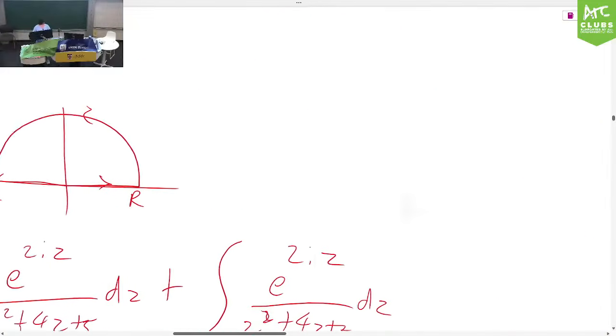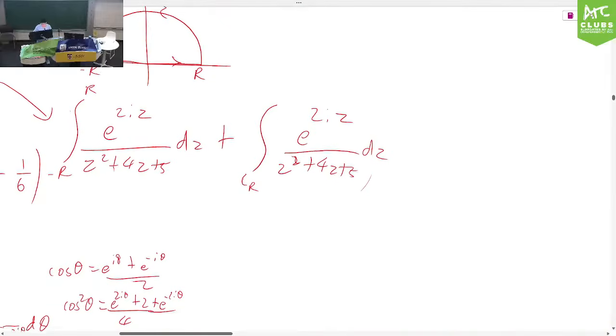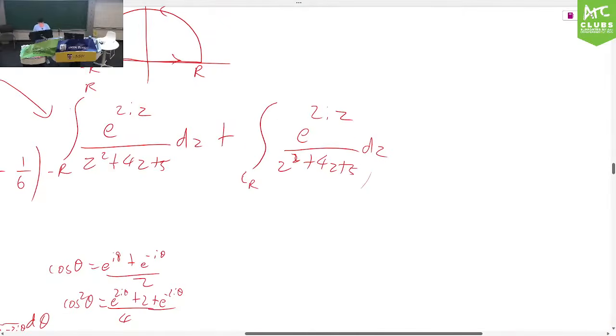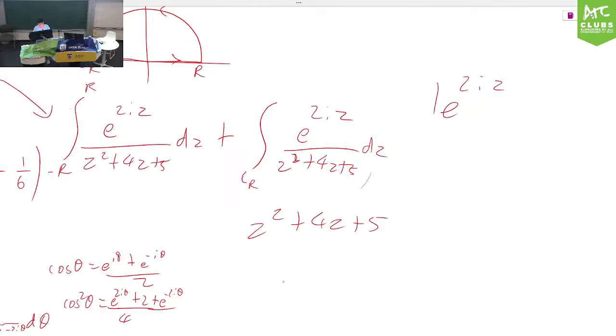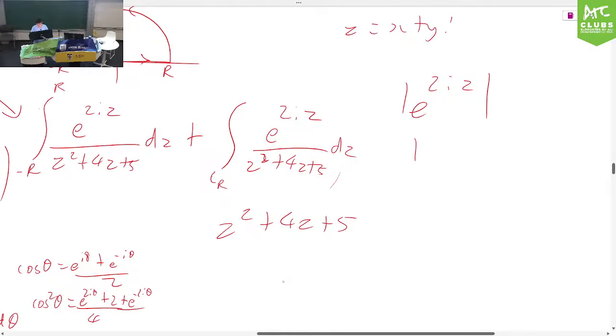So what's the maximal value for this? We're going to consider this expression, z squared plus 4z plus 5. Actually, wait, we can do this easily. For e to the 2iz, what's the maximal value of this? Remember that z equals x plus yi.